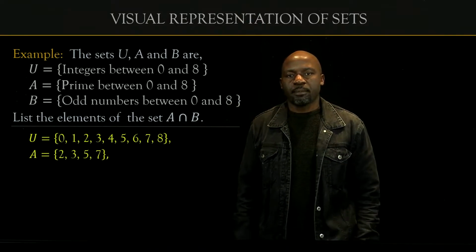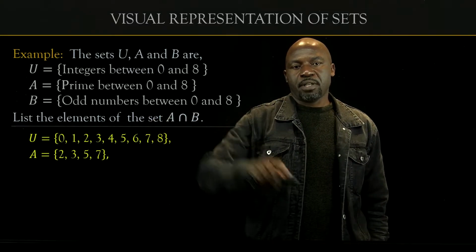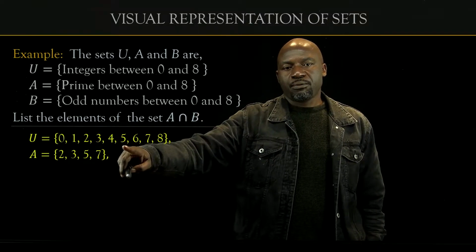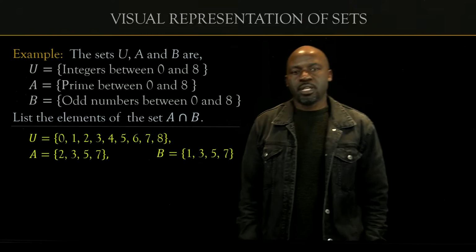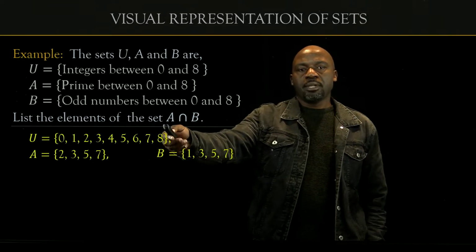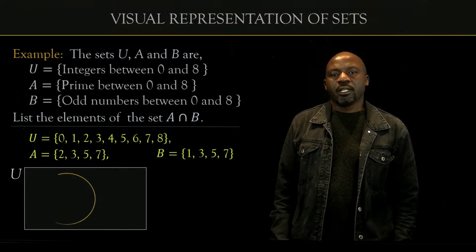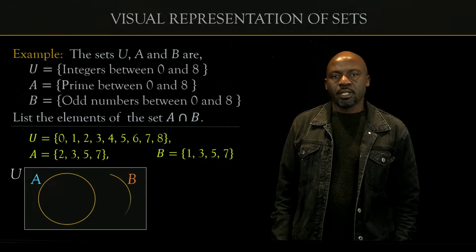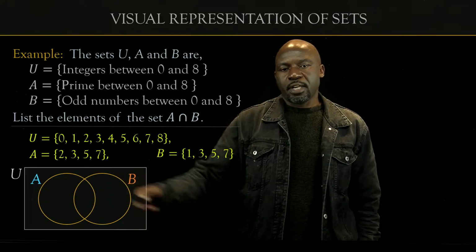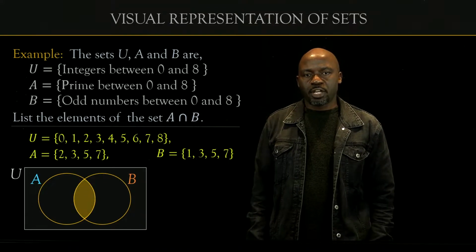So the set of prime numbers is that, set A. And set B is referring to the odd numbers between 0 and 8, and that would have to be 1, 3, 5, and 7. So set B is 1, 3, 5, and 7. And so from here, we will be able to determine the intersection. If we draw the Venn diagram there, including A and B, then we know that the region we are searching for is the intersection of those two circles, which we have shaded there.